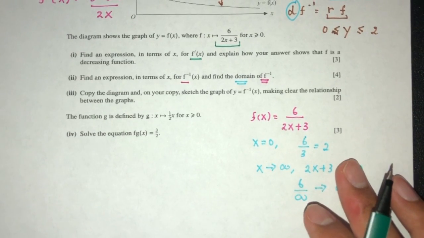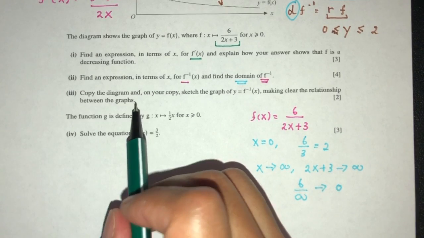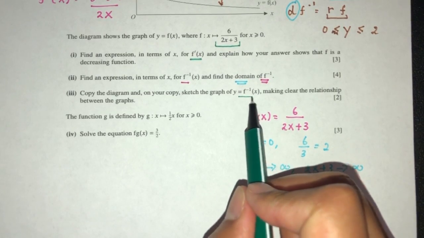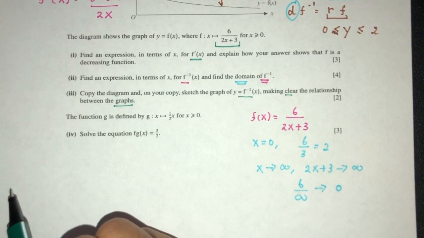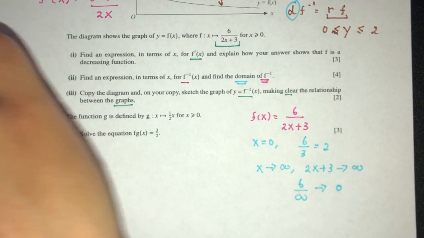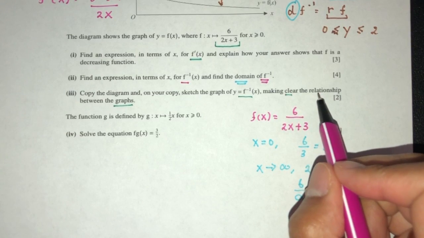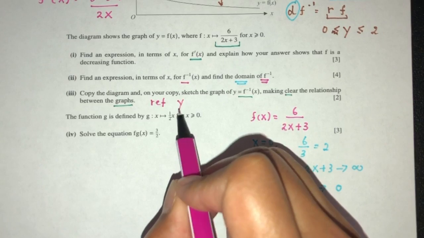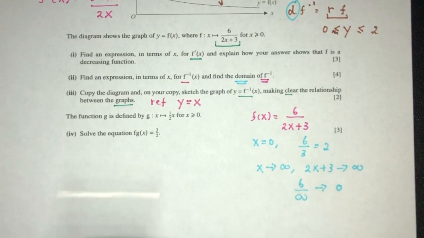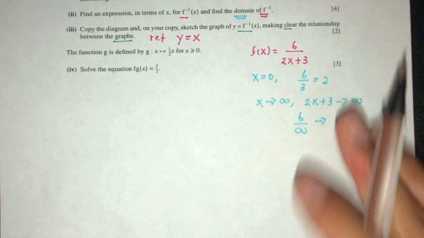Now for part 3, we have to copy and sketch the graph of this, making a clear relationship between the graphs. As we have seen many times before, the relationship between a graph and its inverse is simply a reflection in the line y equal to x. That's very simple. So let me make a sketch real quick.